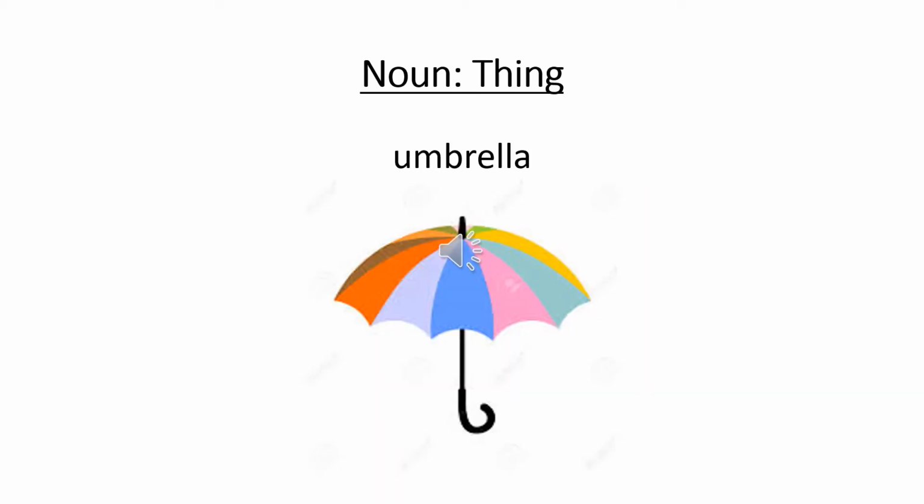Now here on the screen, you can see an umbrella, and it is a thing. It is also a noun. Now, nouns can be any kind of thing. For example, a thing could be anything.